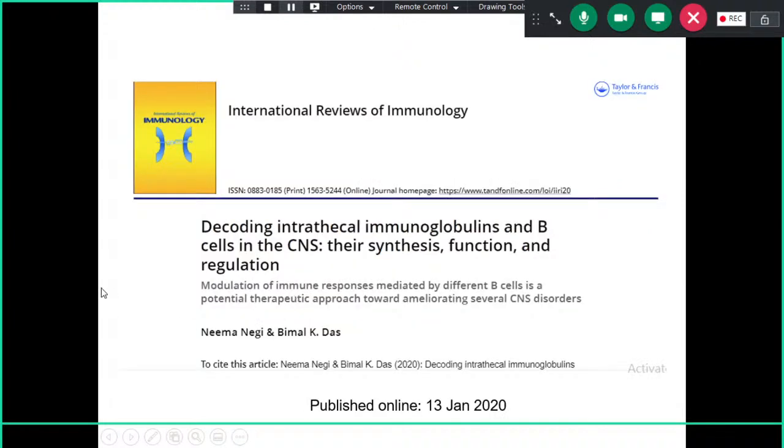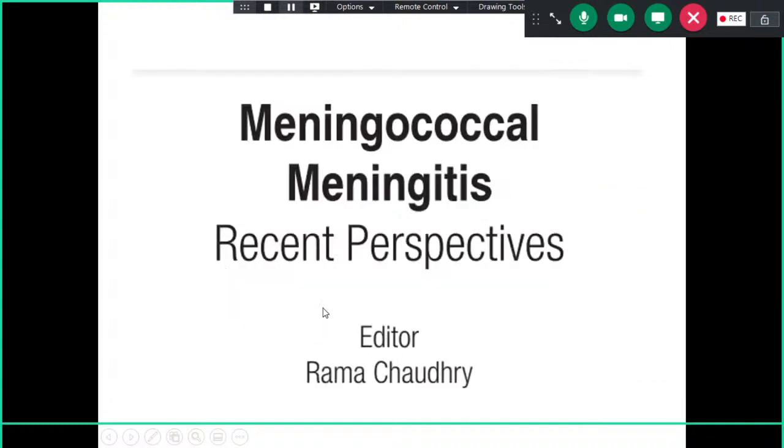Subsequently, we also had another publication in the International Review of Immunology, decoding intrathecal immunoglobulins, because at one point of time, nobody knew the source of the antibody inside the brain. That led us to write this article, decoding intrathecal immunoglobulins and B cells in the CNS, their synthesis, function, etc. These are available online.